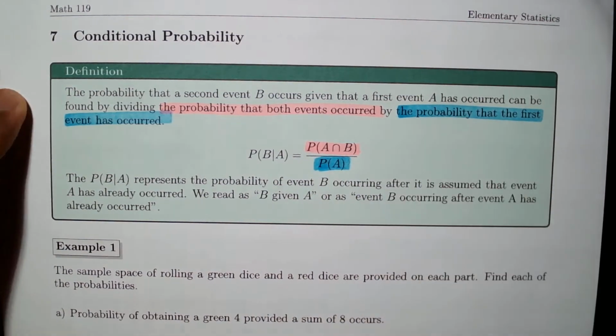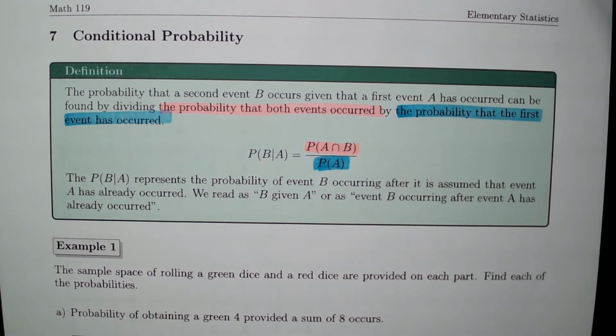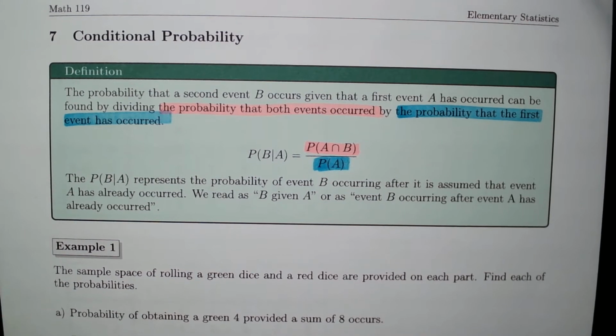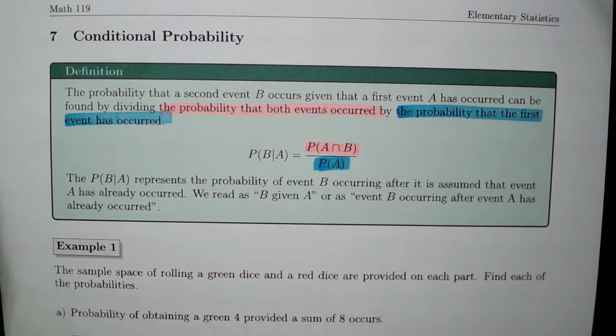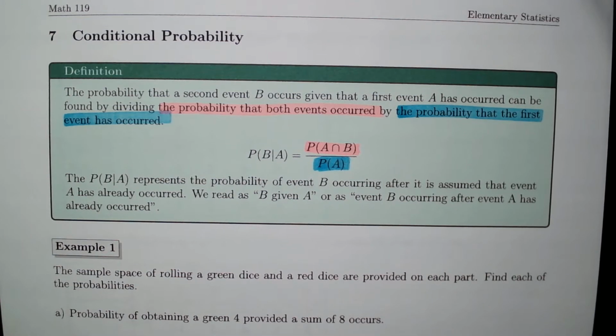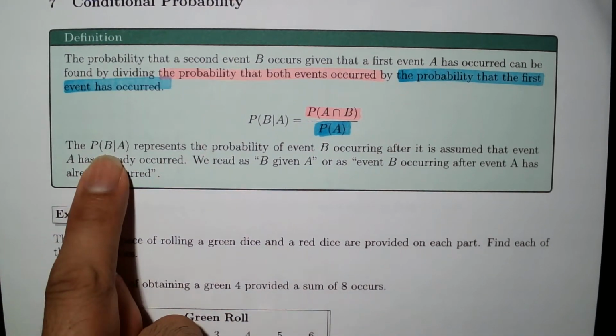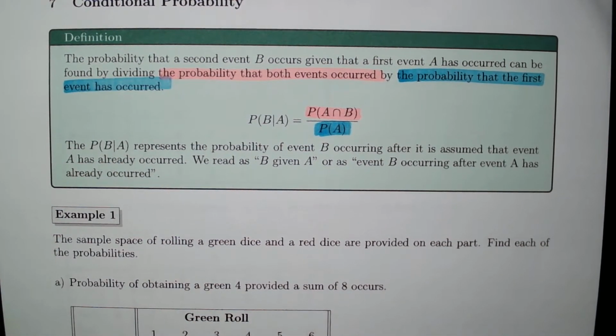Okay, so in this case we're going to find probabilities in which we look at a second event provided some first event, or given, or assuming some other event already occurred. And this is how we denote that quantity.